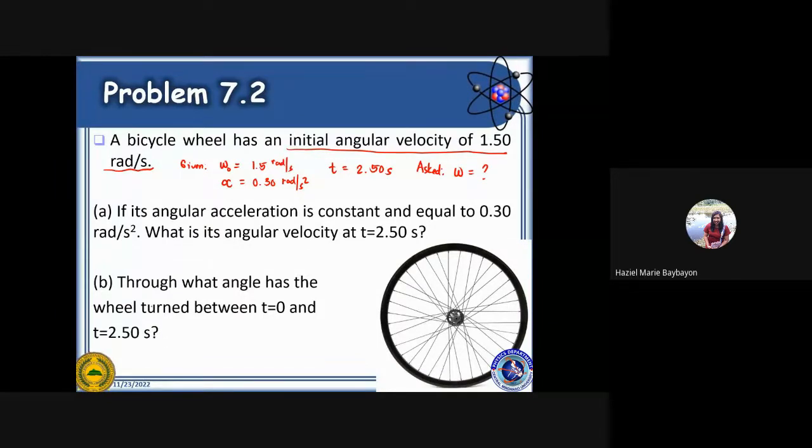And then for letter B, through what angle has the wheel turned between t equals 0 and t equals 2.5 seconds? So we are asked to find delta theta. So what is delta theta? Okay, now let us start first by answering letter A. So this is our solution.